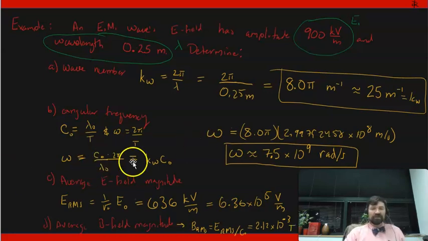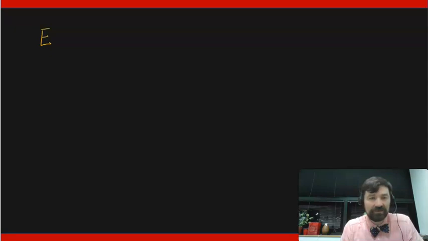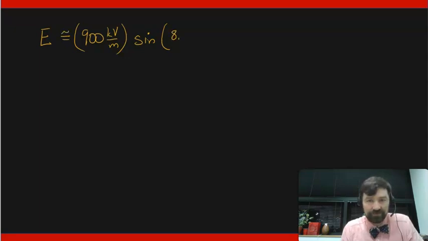I guess we could kind of end this by saying, what is the actual E field expressible by? So in that case, E would be 900 kilovolts per meter, assuming that we're using sine initially. The k would be 8.0 pi inverse meters times x.